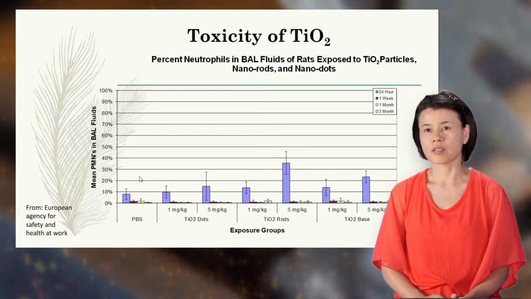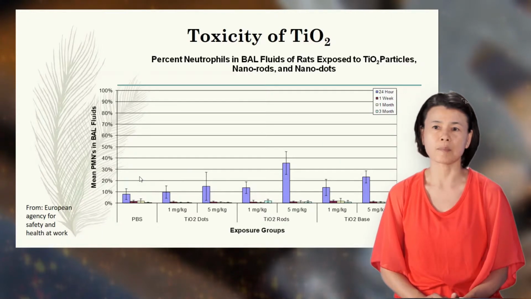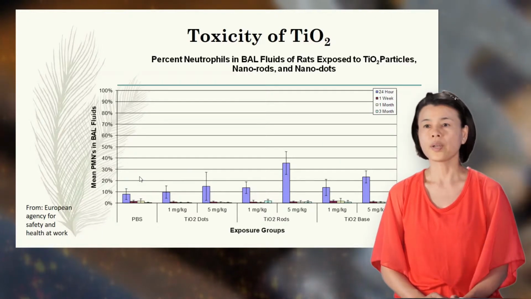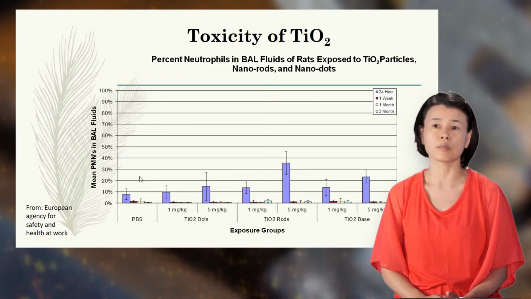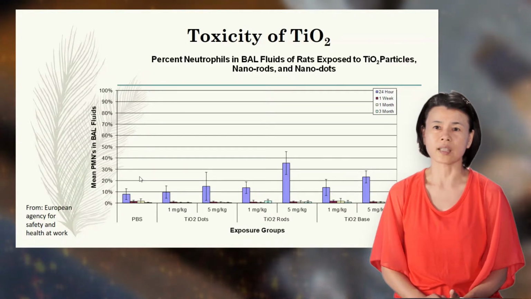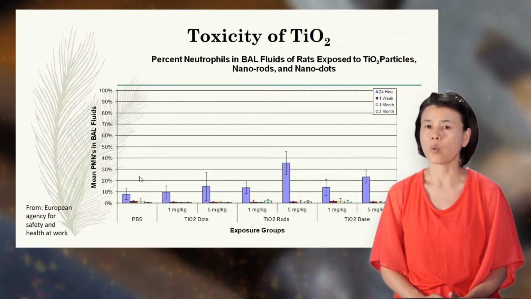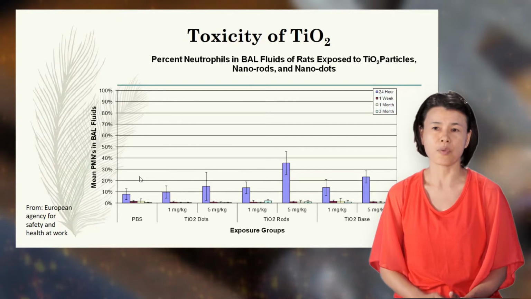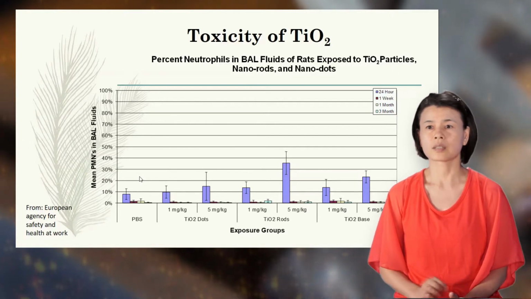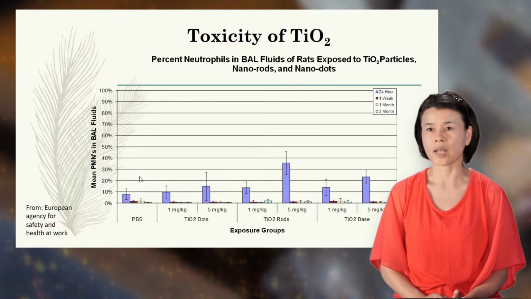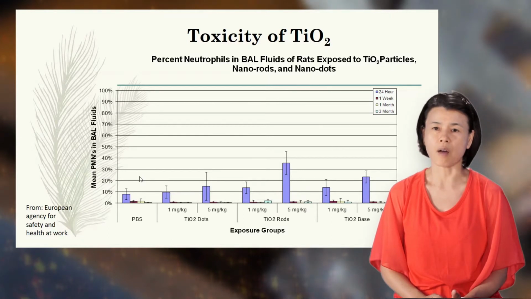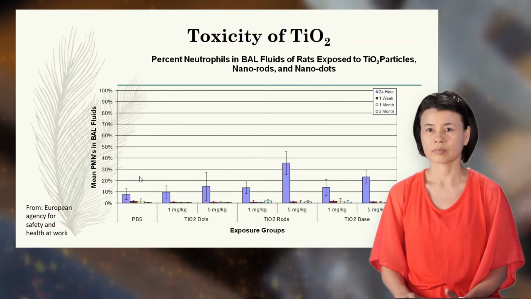PBS is a buffer solution commonly used in biological research. We can just treat it like a pure liquid solution without nanomaterials. In addition, the data were collected after 24 hours, 1 week, 1 month, and 3 months. But here we can only look at the data of 24 hours at this moment.